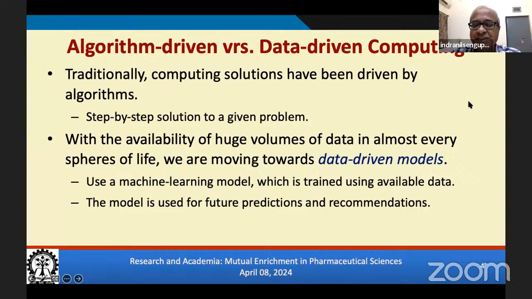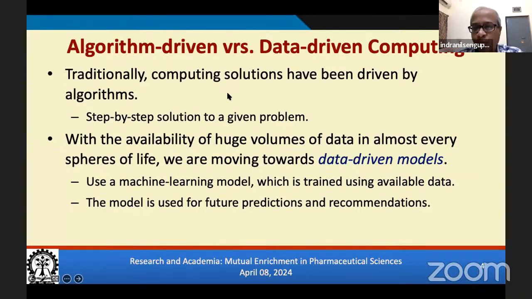An algorithm is nothing but some step-by-step solution to a problem. Once we develop an algorithm, we convert that algorithm into a computer program and we run it on the computer system. This way, we can solve the problem.